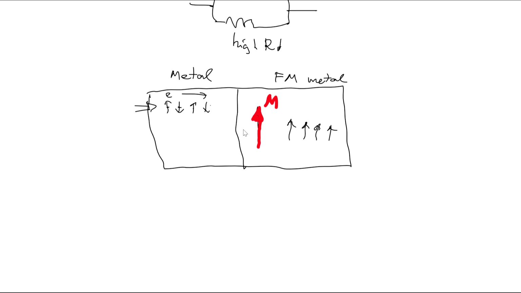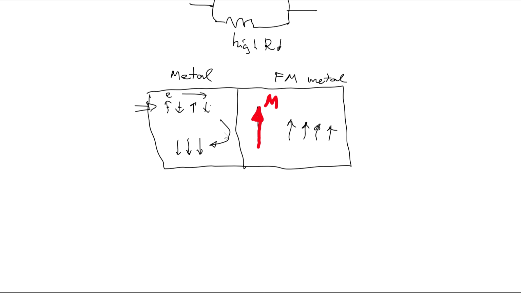So what happens with the other electrons? Well, they don't flow through, they get reflected and they sort of accumulate here. Well, we apply a potential difference, so for electrons they don't quite flow back, but they accumulate.